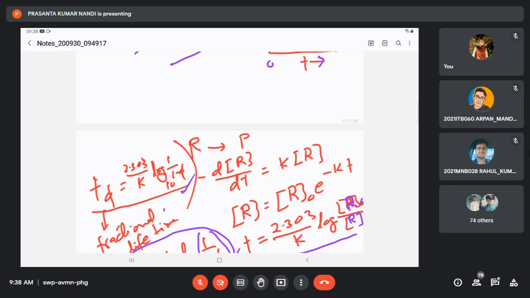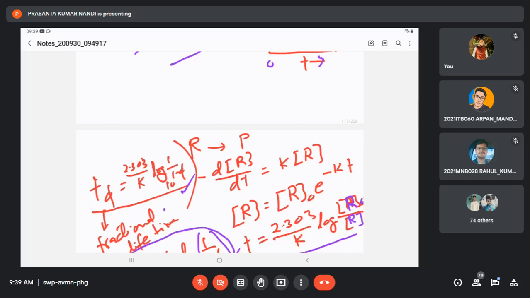And as you know, it can be written like this, the differential rate equation, that is minus dR/dt equal to k times the reactant concentration R. And if you integrate it, you will get it in this exponential form: R equals R0 e to the power minus kt. Here R denotes the concentration of reactant at any time, and R0 is the initial concentration of that particular reactant. k is the rate constant and t is the time.